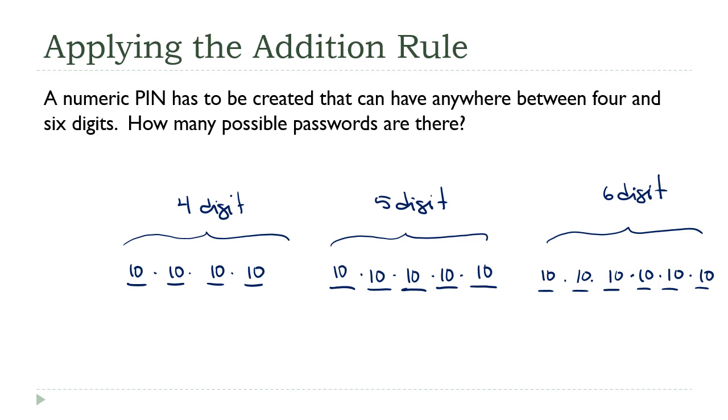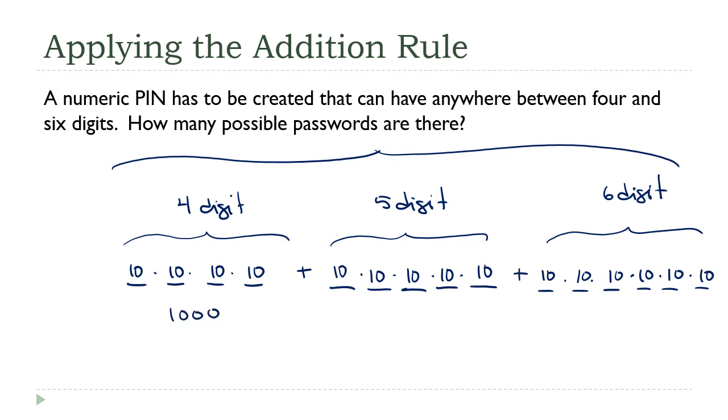The total number is going to be the sum of the number of ways we can do each of these individual sizes. All right, so what do I get here? This is 10,000, 1 and 4 zeros. This is 100,000, 1 and 5 zeros.